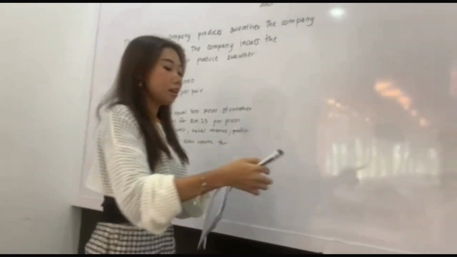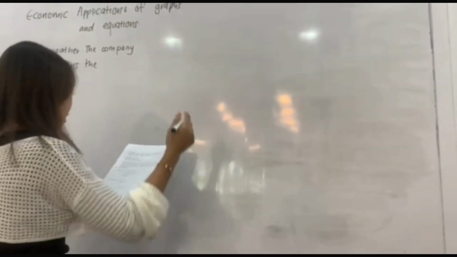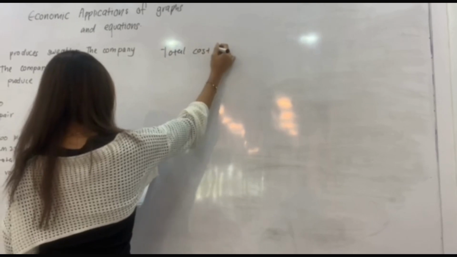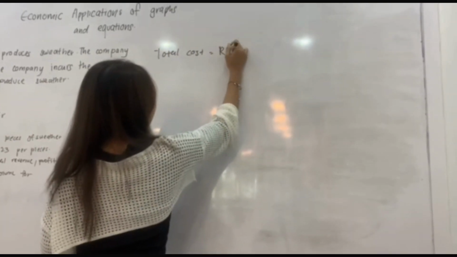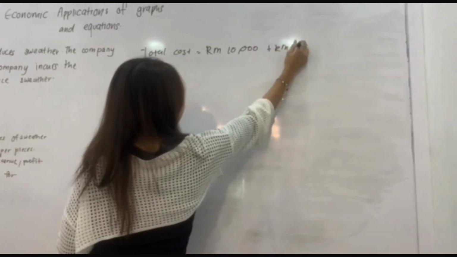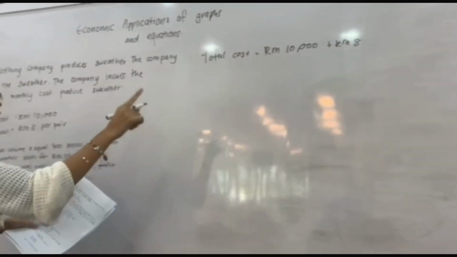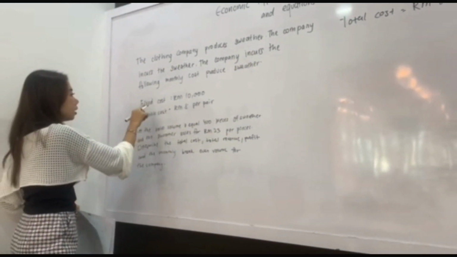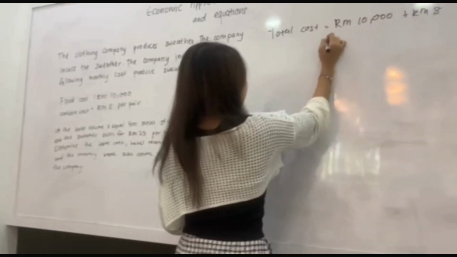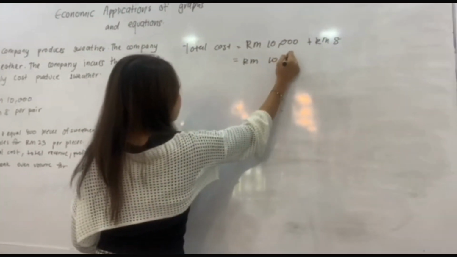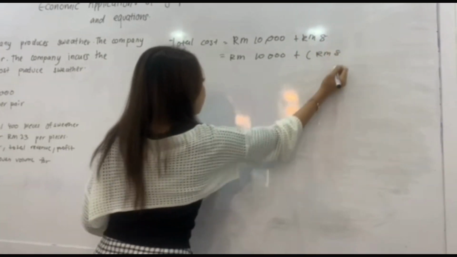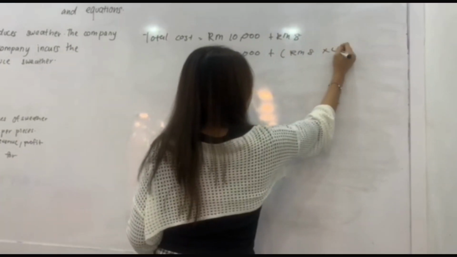So let's do the total cost. For the total cost, we need to equal RM 10,000 plus RM 8. So where did we get that? From the fixed cost plus variable cost. So equal RM 10,000 plus in bracket 8 times 400.